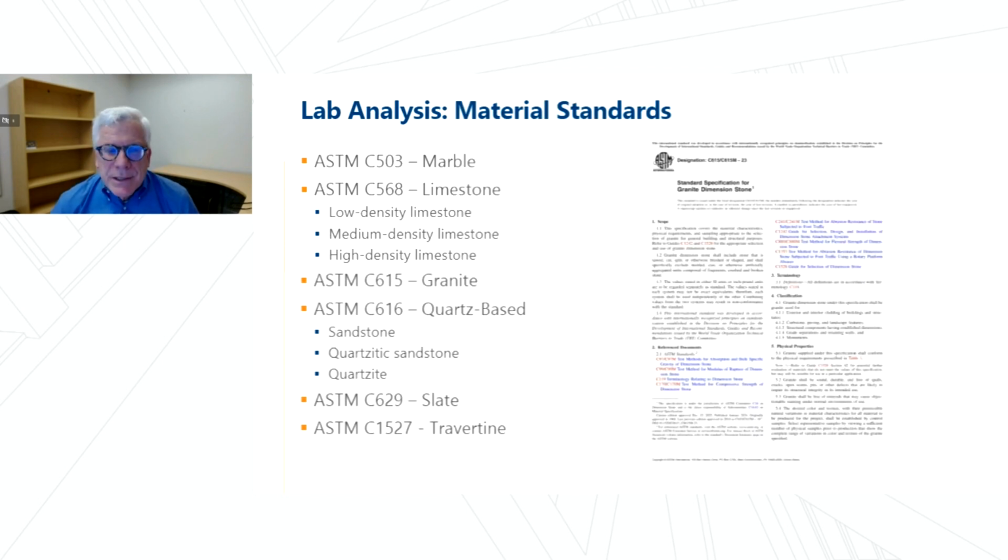With laboratory analysis, there's all kinds of different things that can be done both with existing materials and new materials. This is just an example that's shown of ASTM C615, which lays out some minimums and maximums requirements for different materials.